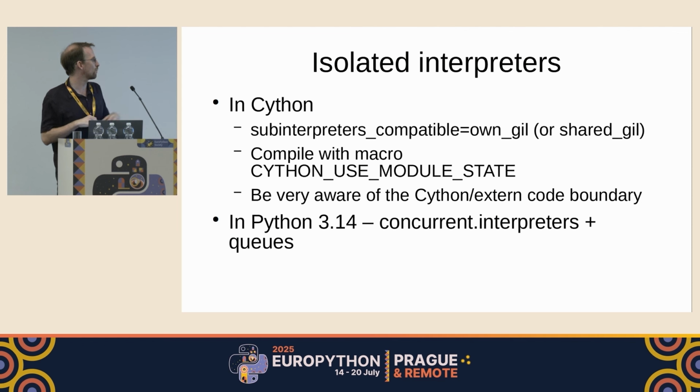You compile with this C macro. And in Python, to really use it, you want the forthcoming Python 3.14, because it contains in the standard library, possibly controversially named, the features that you want to access.